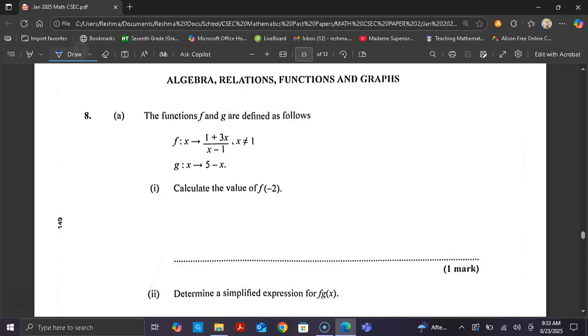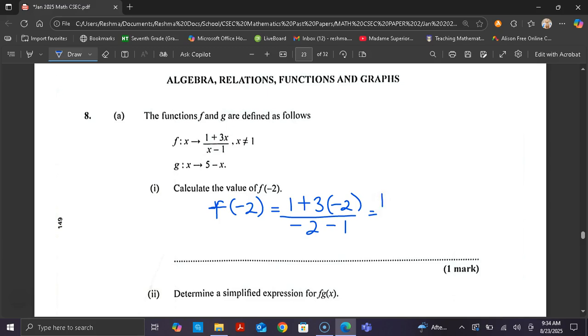So f of negative 2, if we substitute negative 2 as the value of x into the function f of x, it will be 1 plus 3 by negative 2 all over negative 2 minus 1. So let's work out the numerator. 3 times negative 2 is negative 6.